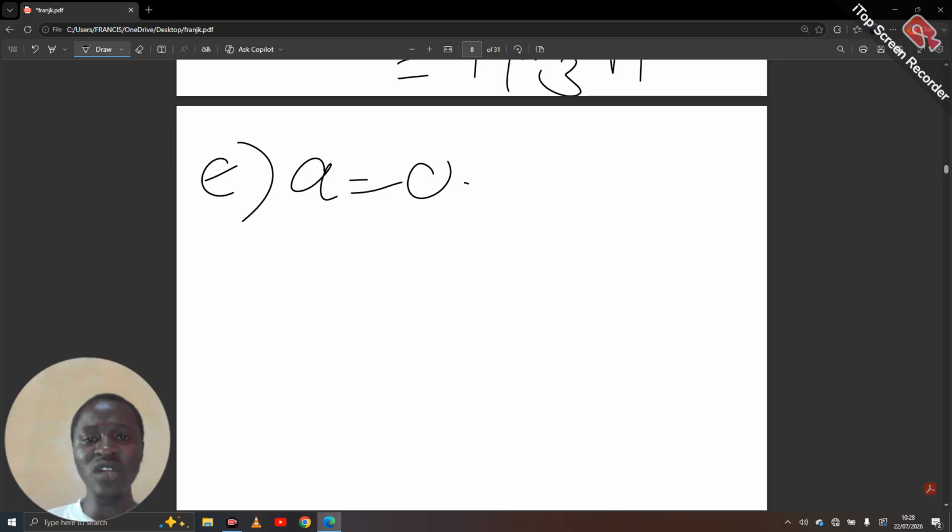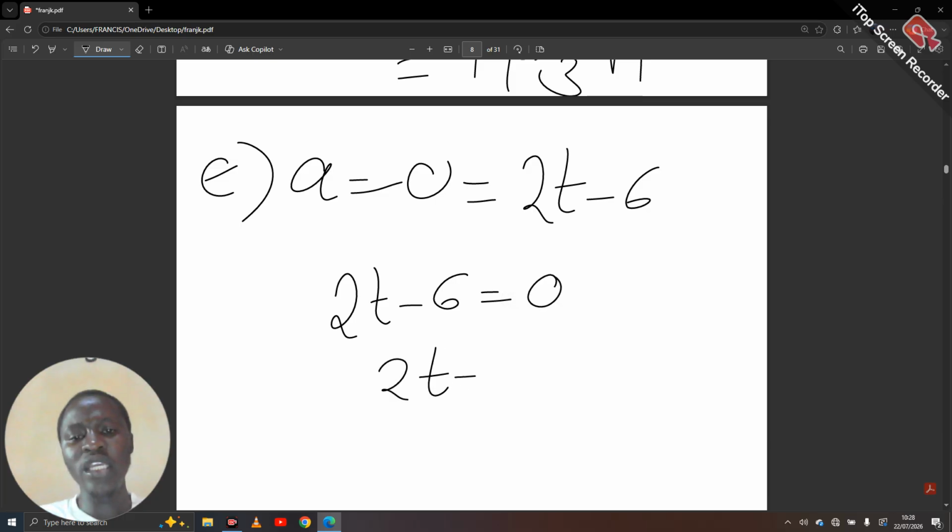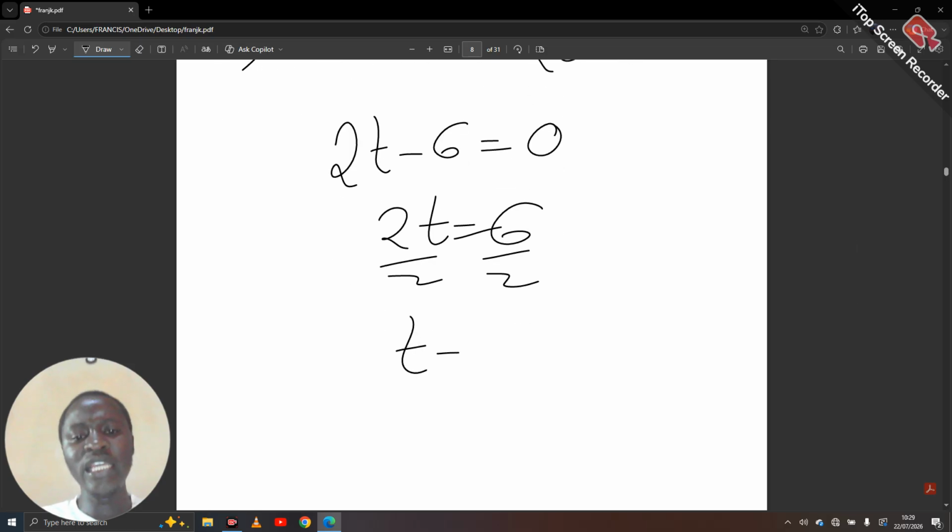So acceleration equals to 0, which equals to what? Remember our acceleration at the first part of the question, that is part A. We had our acceleration to be 2t minus 6. So that means 2t minus 6 equals 0. 2t equals 6. Divide by 2, divide by 2. T equals to what, guys? 3.